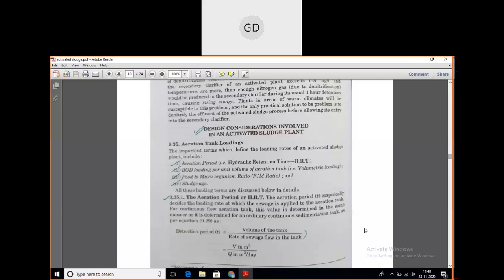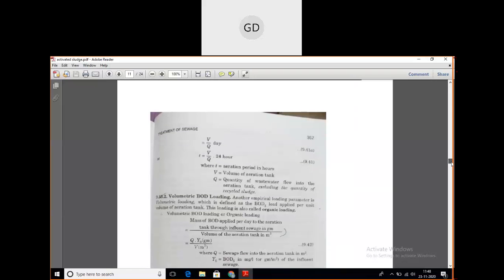Detention period is equal to the volume of the tank divided by the rate of sewage flow in the tank. V is in meter cube, and Q is in meter cube per day. Then they have converted this day into hours, so they have multiplied by 24. This is the formula for HRT.